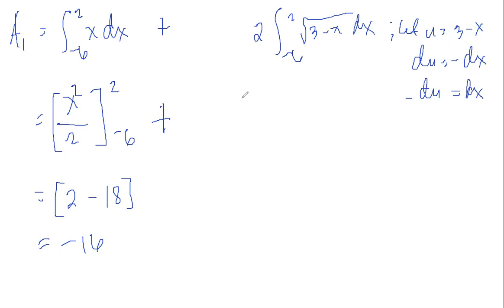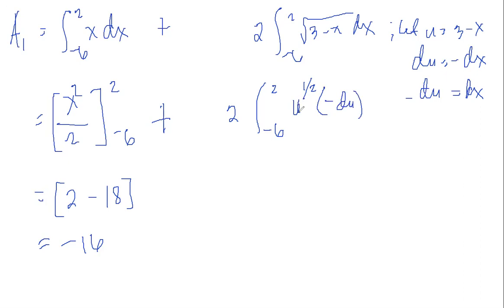So let's integrate this. So 2 times the integral from negative 6 to 2 of u raised to 1 half, because 3 minus x is u, and in exponential form the square root is just equal to raised to 1 half, and dx is equal to negative du. Why did we use negative du or du?